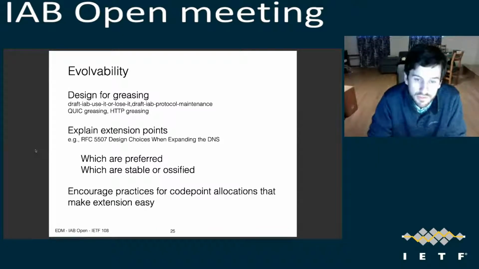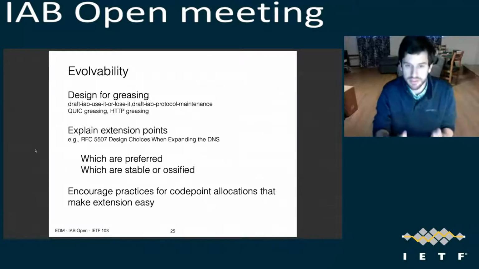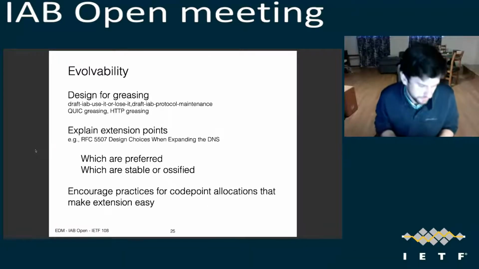And if we see practices around wanting to encourage greasing, we need to make sure that the code point allocation practices that we are defining are appropriate for extensibility.